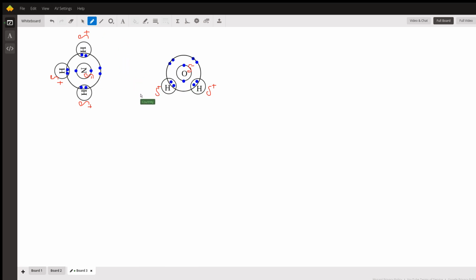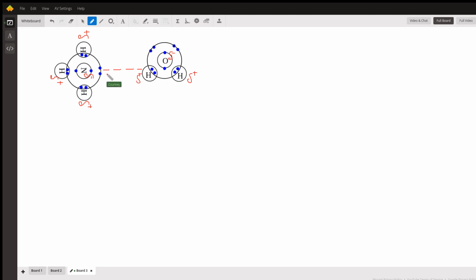So they're going to be hydrogen bonded, or attracted, to each other. So we can draw these a little bit closer to each other. And we can represent this with a dotted line for hydrogen bonds between our hydrogen and the electron density around our nitrogen.